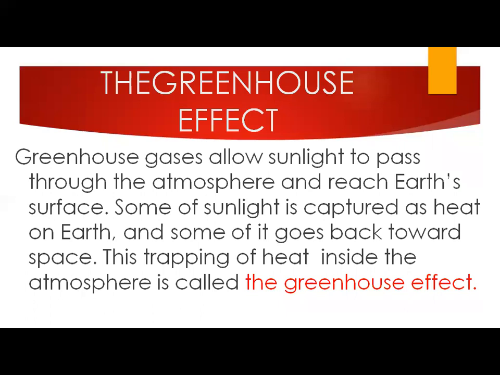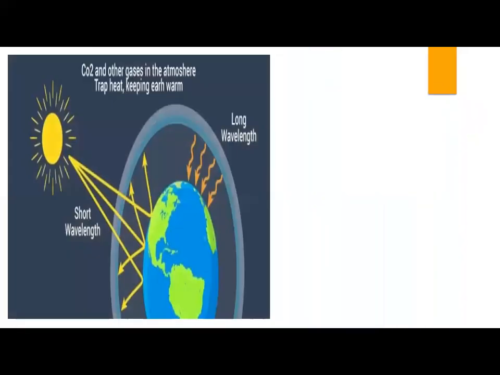Yes, this trapping of heat inside the atmosphere is called the greenhouse effect. Here's a picture which will describe the process of the greenhouse effect. Here you can see some of the rays which come from the sun. Some of them are absorbed by the planet Earth and some of them go back to space.